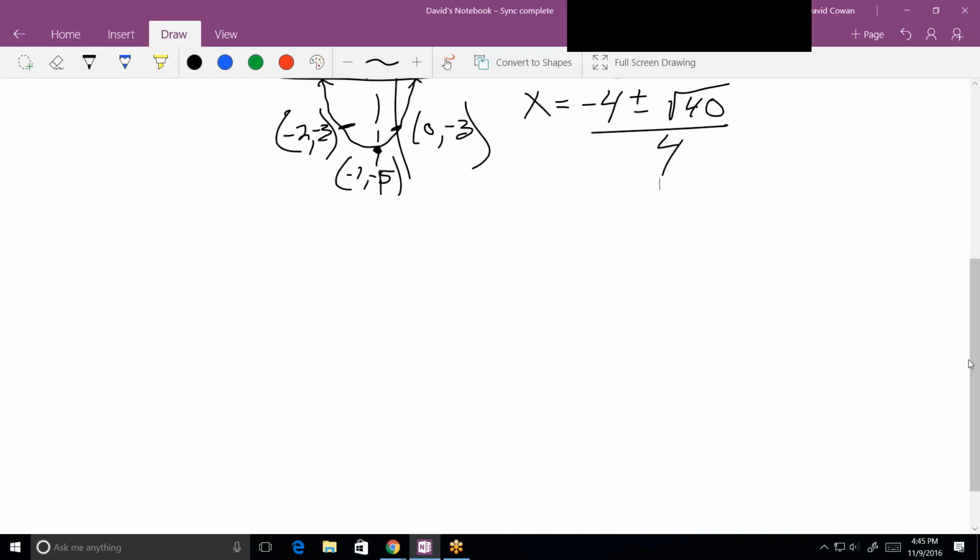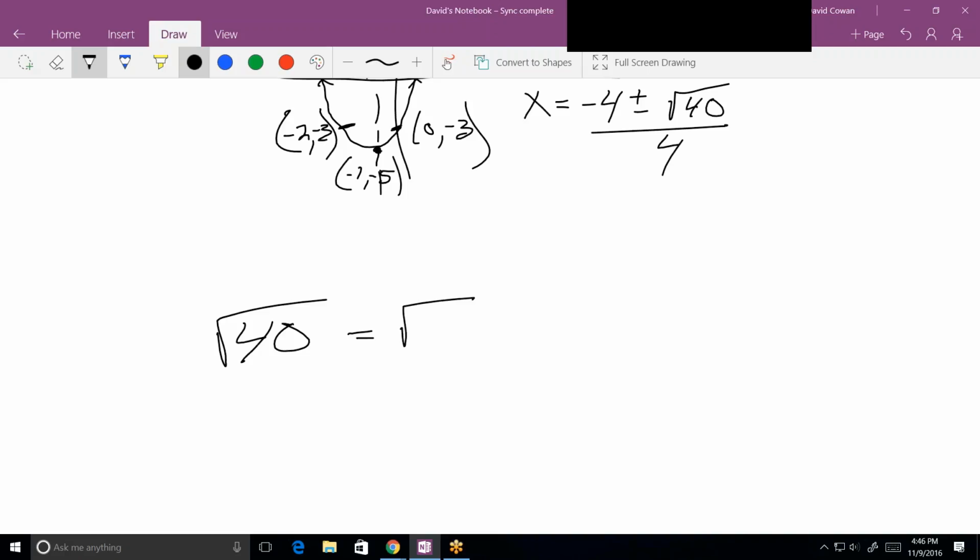Can you simplify root 40? Yeah, you can, but there'd be a number on the outside of it. That's what we want. When we're simplifying radicals, the only time it ever makes sense to simplify is if you can pull a solid number out.